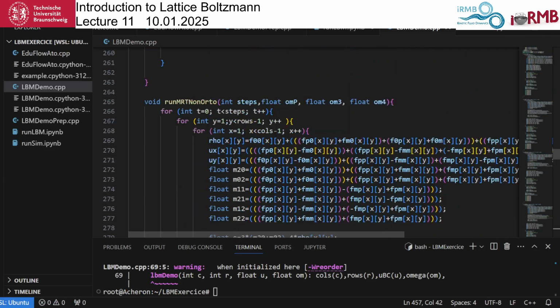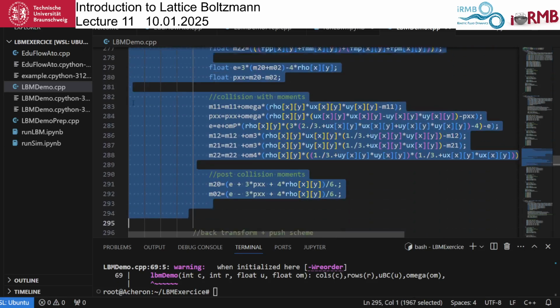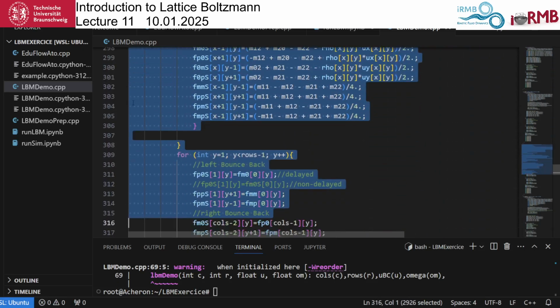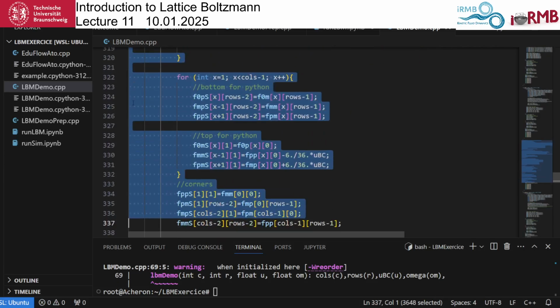Okay, let's just have a look. So going back to the code, I have to modify my setup here. Just taking the non-orthogonal version of the collision kernel and making a copy out of this.